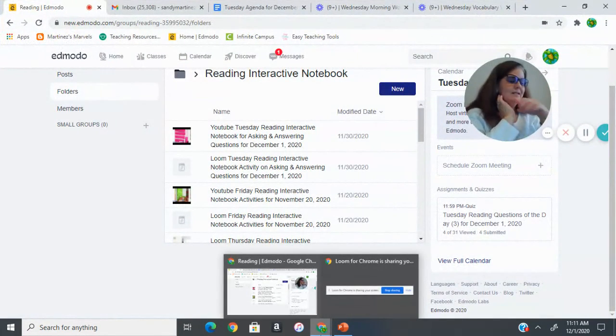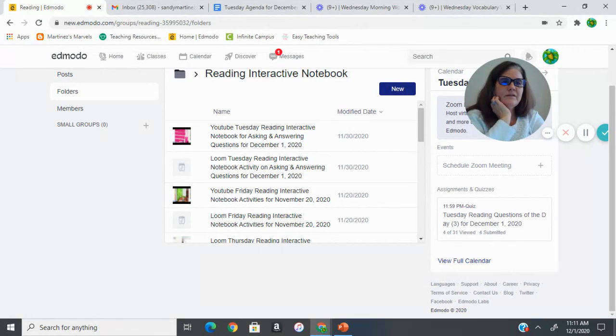Okay, so you have all of that written down. If you need to, just move the sliding bar back so that you can go back and finish it up if you didn't get it paused in time. But that's all we're going to do in our Reading Interactive Notebook.